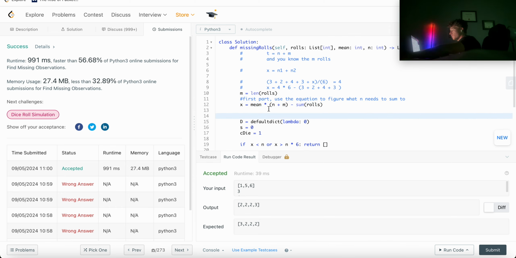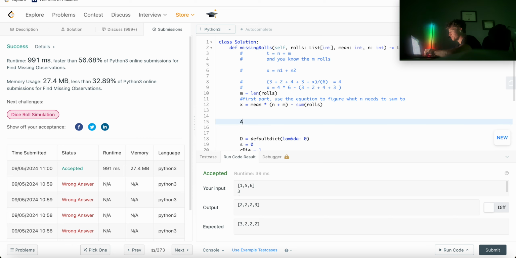Like saying, okay, we know that the average of something, or the mean, using the code words here, is the rolls of m plus the rolls of n divided by m plus n, right? Because this would be the sum of all the values divided by the number of values. That's how you get the average, right? If you want the average height, you take the sum of everyone's height, and then you divide it by the number of people that there are, right?